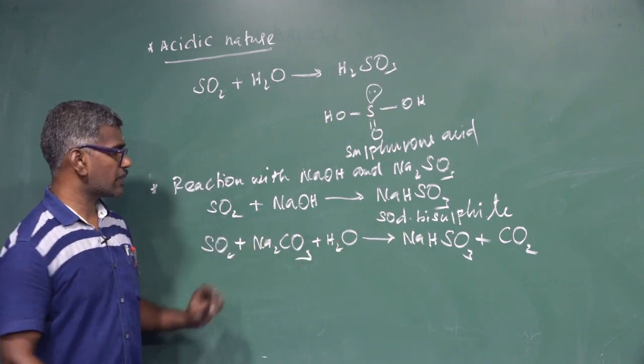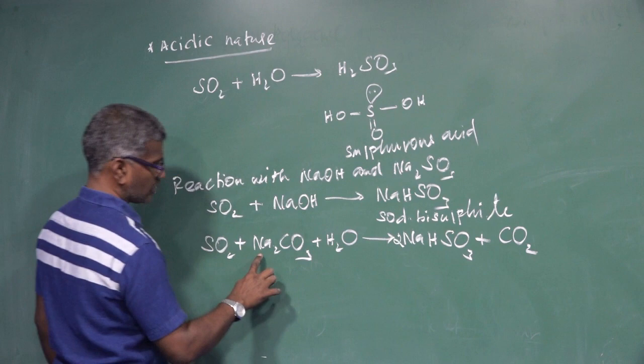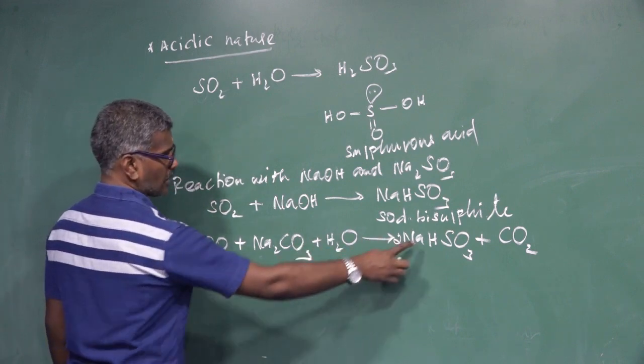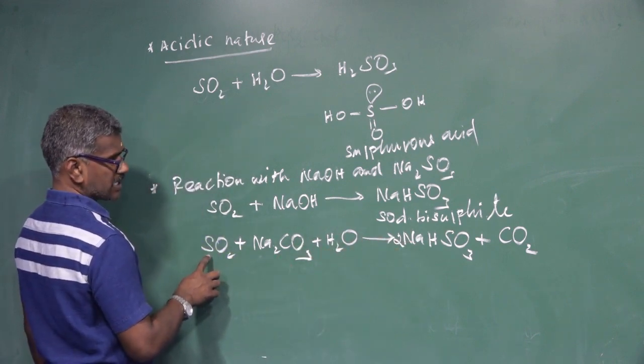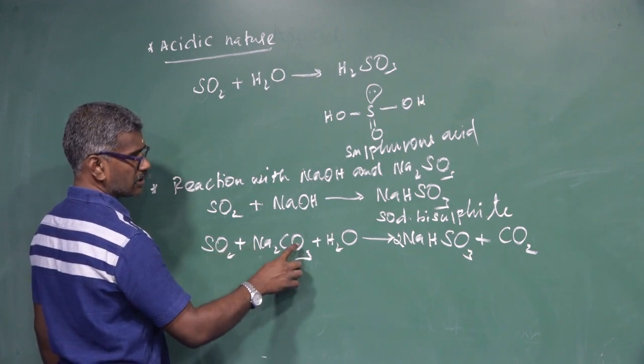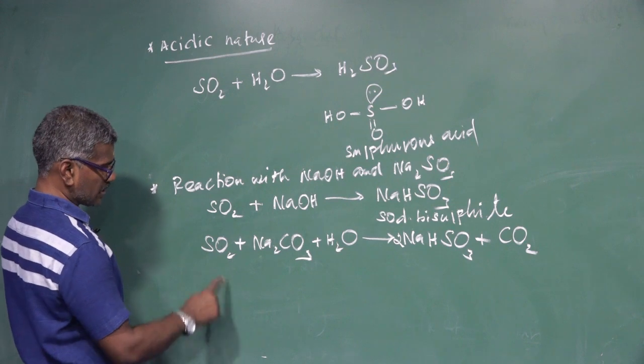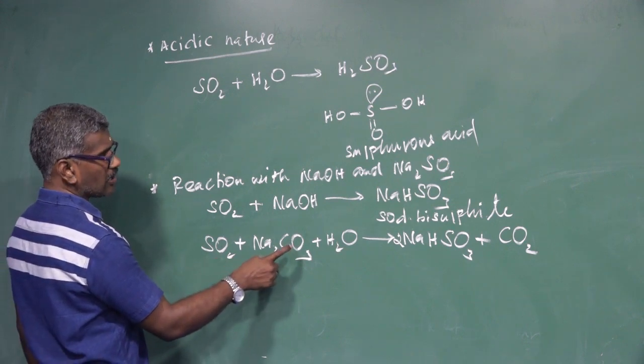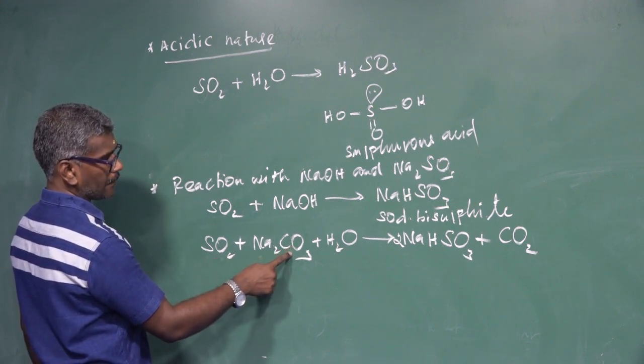Sulfur, one sodium, here two sodium, hydrogen, another one is sulfur SO3, here one oxygen. Is the equation balanced? The equation is not balanced. 2 oxygen, here 5 oxygen.